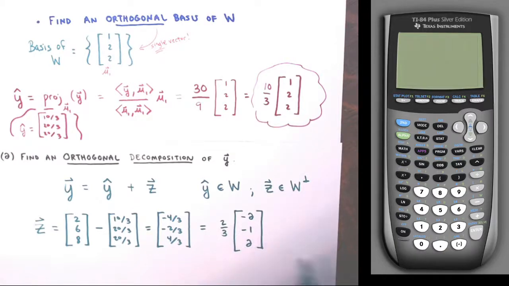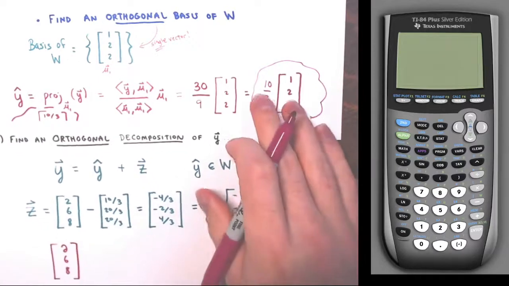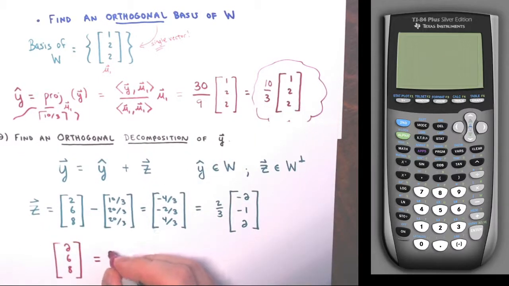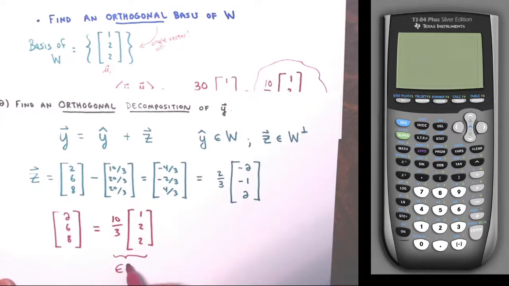So what we're seeing is that y, 2, 6, 8, is equal to 10/3 times the vector 1, 2, 2, which belongs to w, the span of 1, 2, 2, plus 2/3 times the vector -2, -1, 2, which belongs to the orthogonal complement of w.